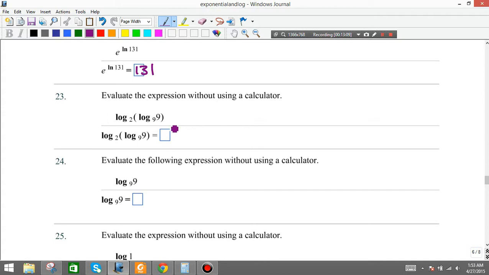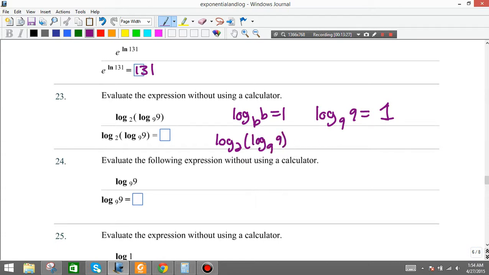This one here, we're going to use some properties. Log base 9 of 9. We said earlier that log base b of b is 1. So log base 9 of 9 is also 1. And so log base 2 of log base 9 of 9 is log base 2 of 1.